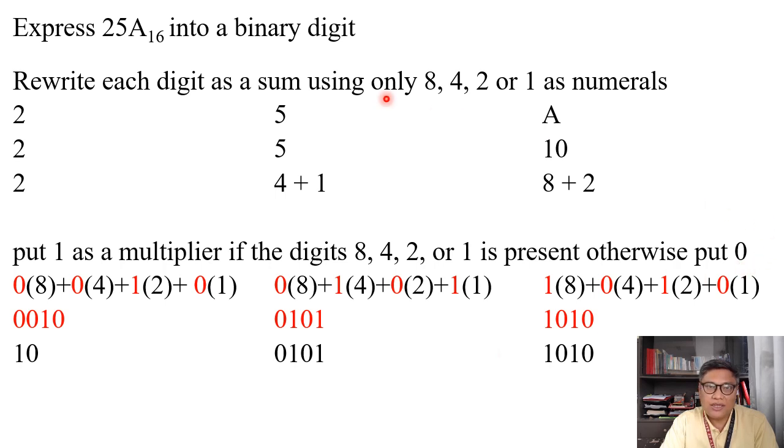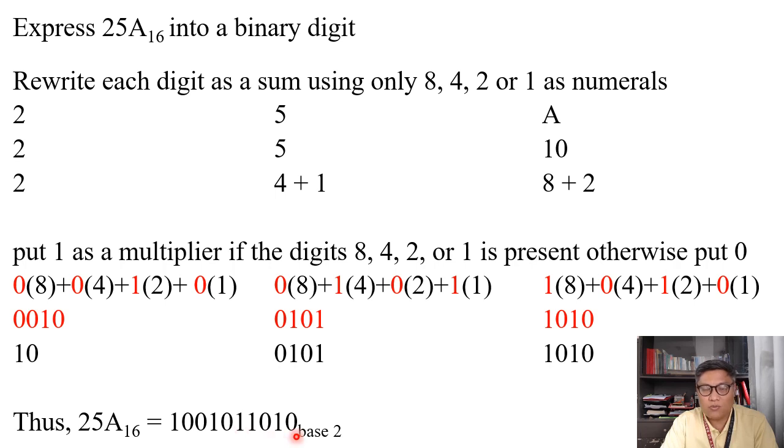The answer for 25A base 16 in binary digits will be 1001011010 base 2. So this is how we convert, class, an octal number or a hexadecimal number into binary digits.